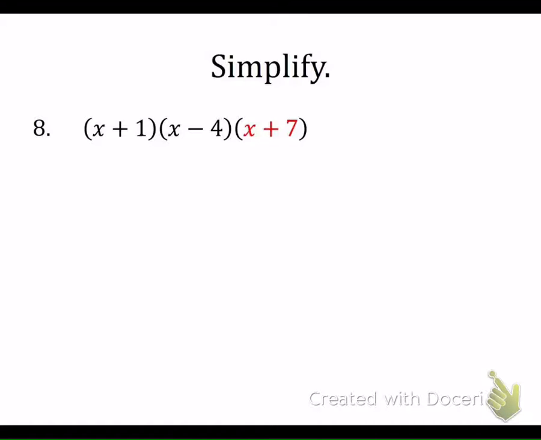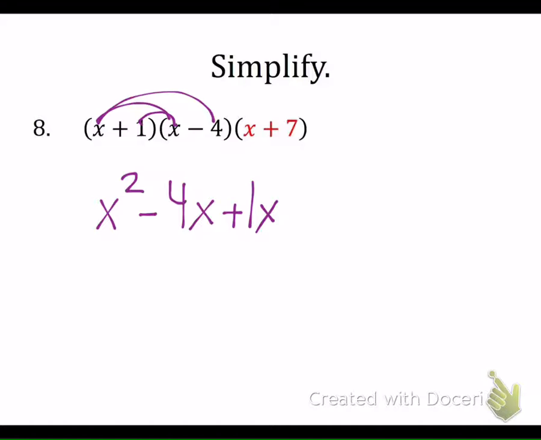So I'm going to start up front. x times x is x to the 2nd. x times negative 4 is minus 4x. 1 times x, plus 1x. And 1 times negative 4 is minus 4.